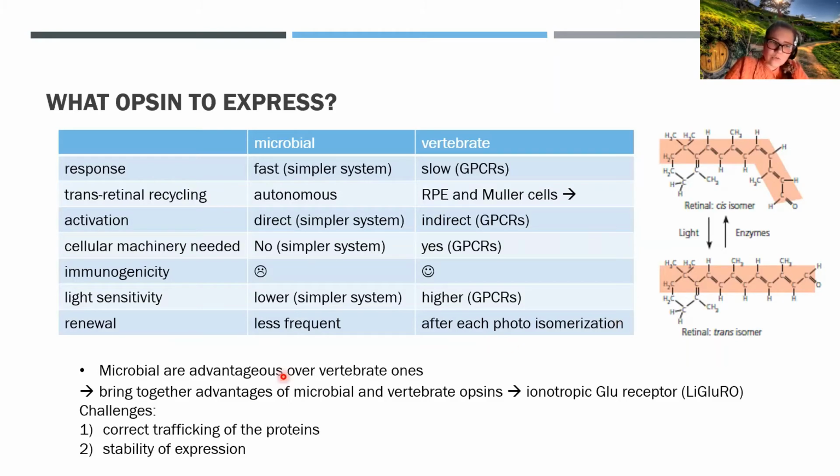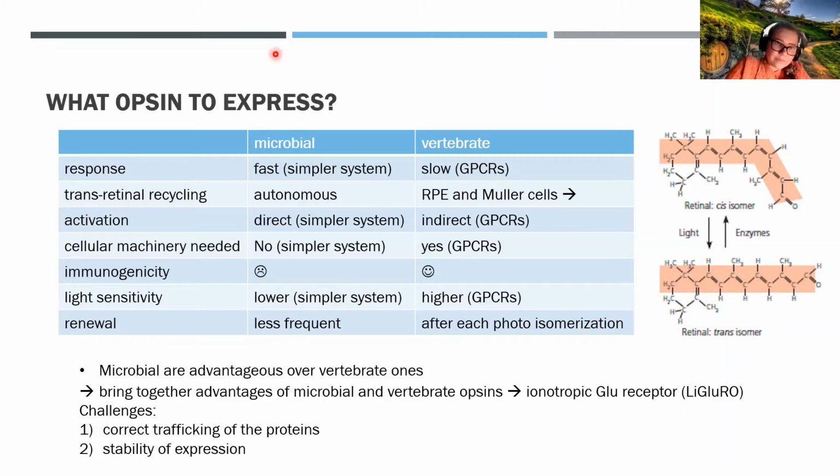So why wouldn't we bring together all good sides of microbial opsins and vertebrate opsins to make one good protein? This is how ionotropic glutamate receptor was made, and some other proteins.